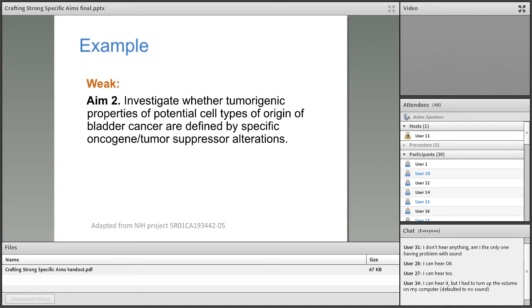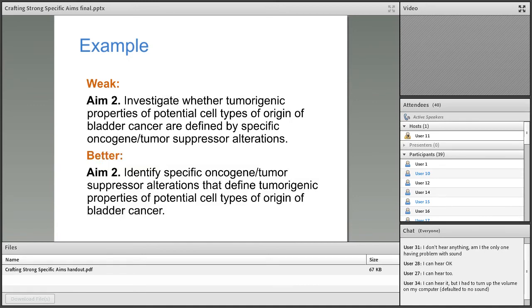So let's return to the example that we looked at before. The wording of the weak version implies a yes or no answer, and the negative outcome isn't very exciting. So if you can, phrase the aim statement broadly, as in the better version here. It allows room for success even if molecule X isn't the key player.